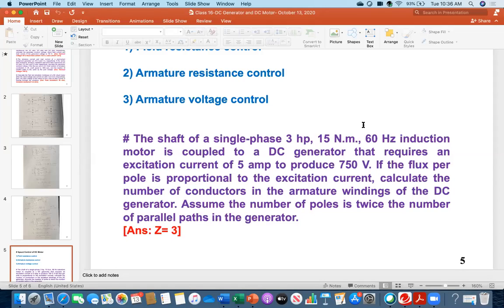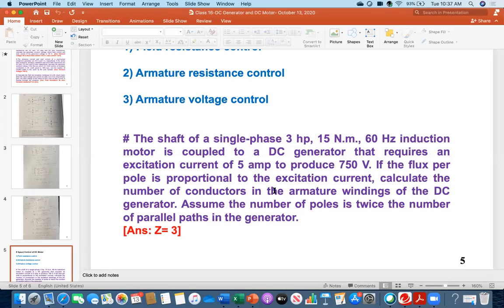Then you will get omega, that is speed, in radian per second. And then you convert that radian per second into RPM. That RPM value will go into your E equation for the N.